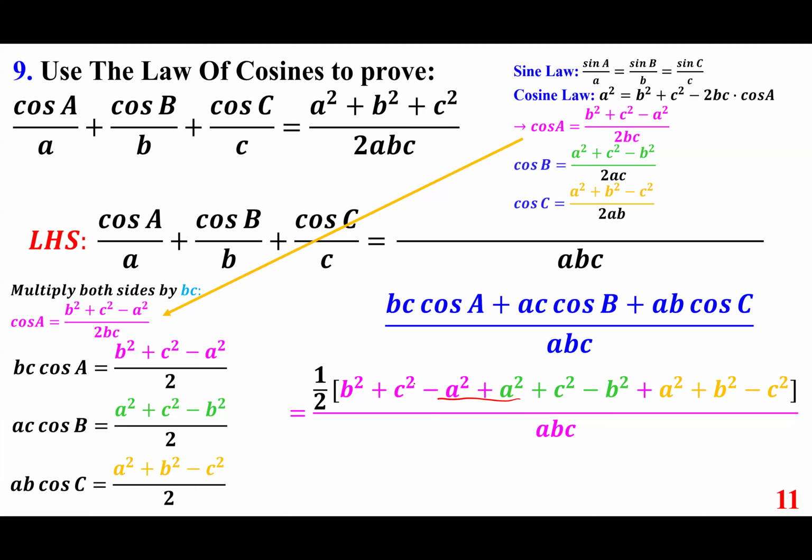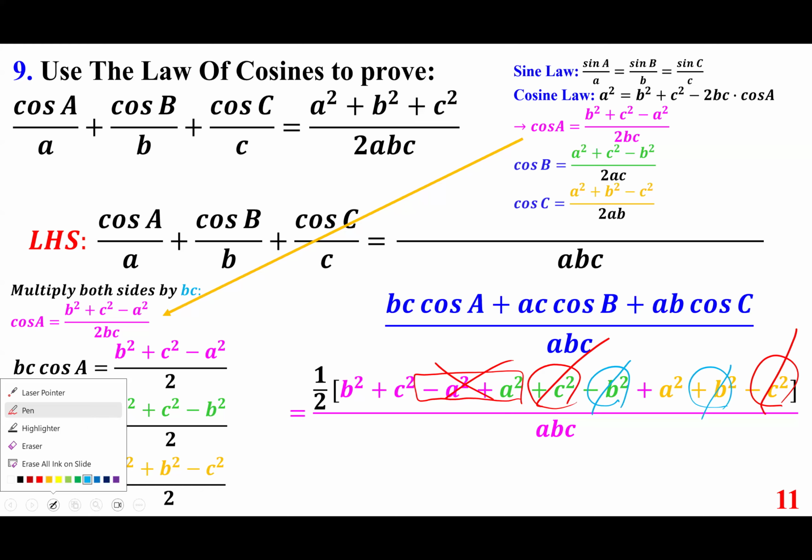So these two cancel each other. These two cancel each other. What are we left with? Inside the brackets, a squared plus b squared plus c squared, and there's a 1/2 in front.